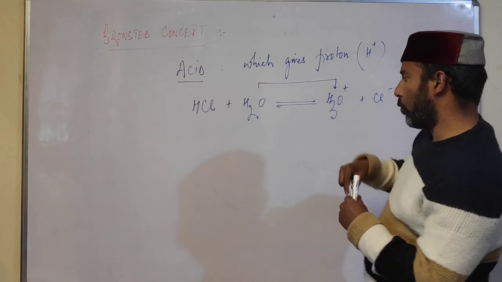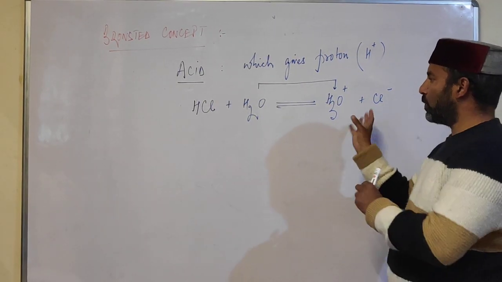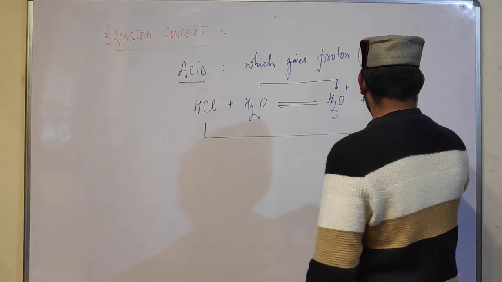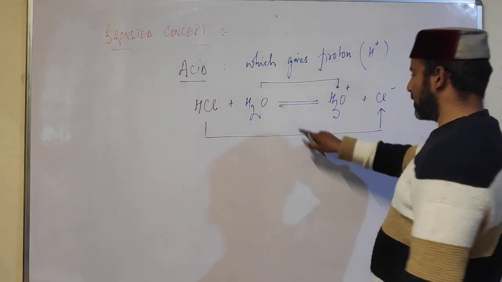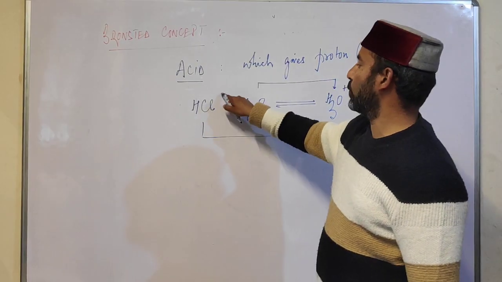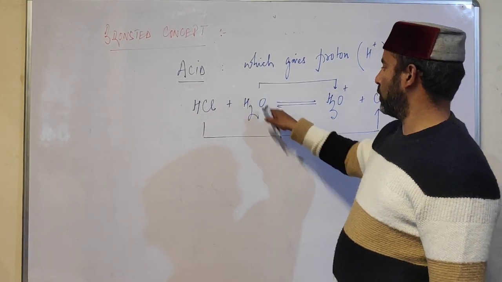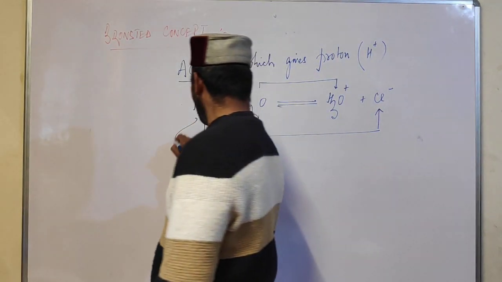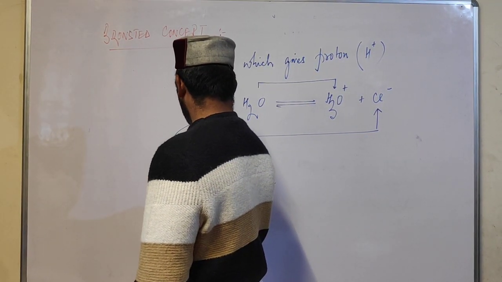But look, जब water hydronium ion बना तो H positive दिया किसने? So here HCl is actually giving H positive and HCl itself becomes a chloride ion. So since HCl is giving proton to water, so that water becomes a hydronium ion, so we say HCl is an acid.